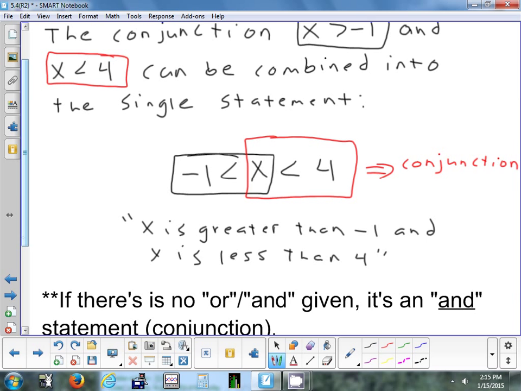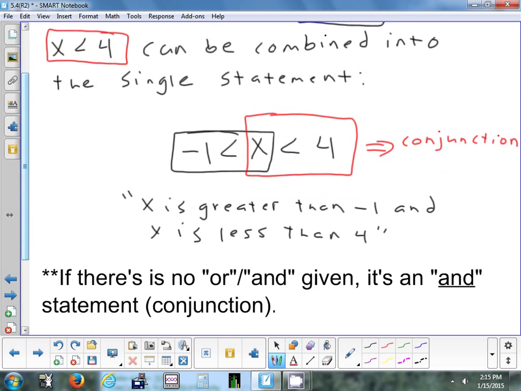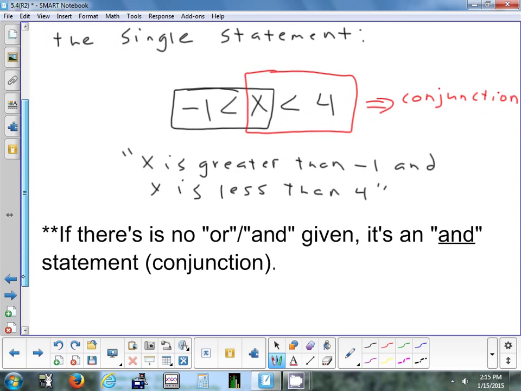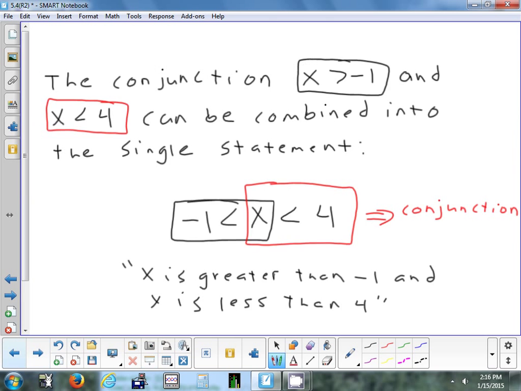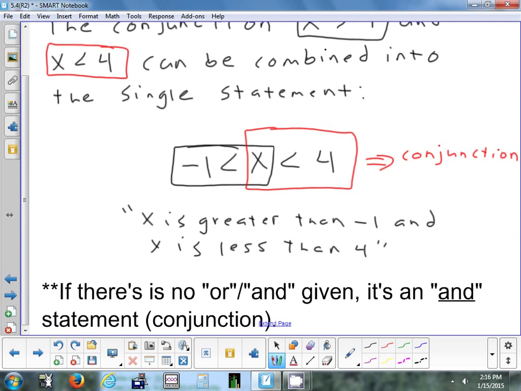And how are you going to know if you're just given what Mr. Hager boxed out up there? How would you know that's a conjunction? How is that different from the inequalities we did earlier in the week? The ones we saw yesterday and the day before vacation only had one inequality sign.